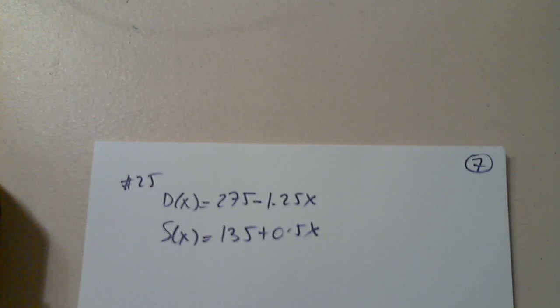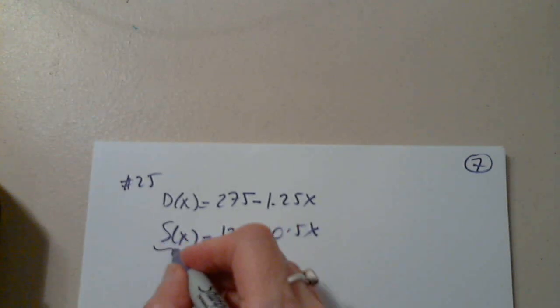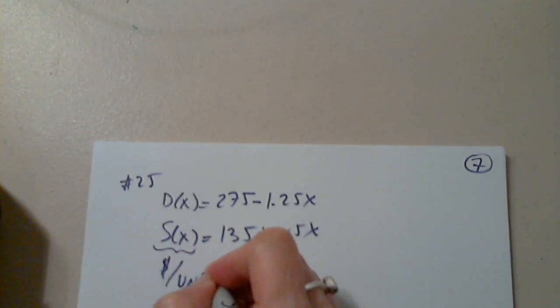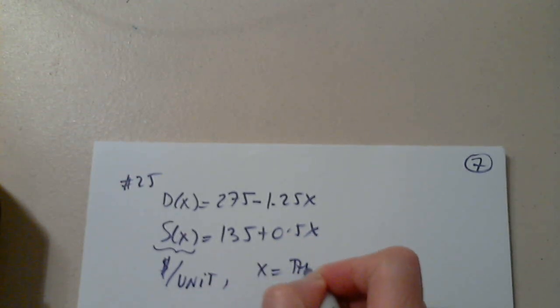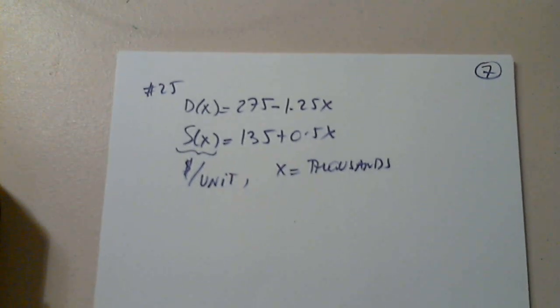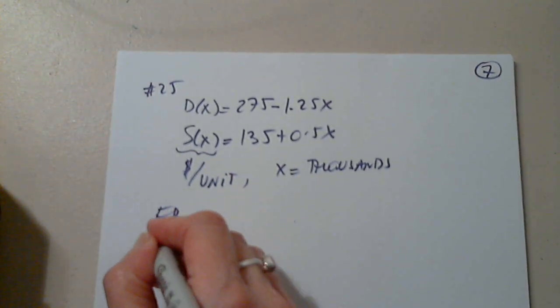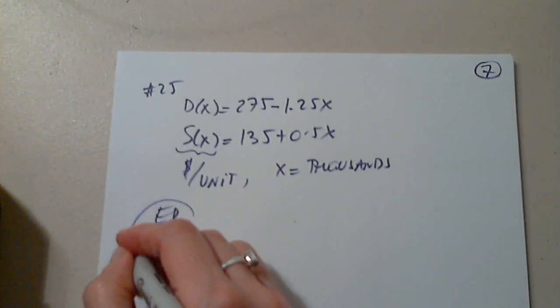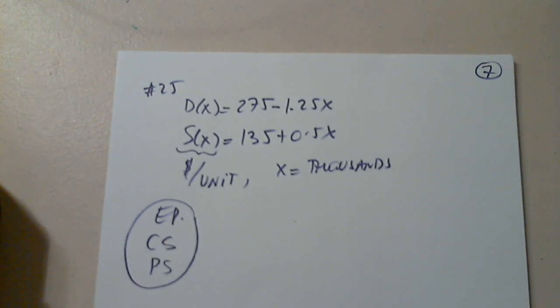X is in thousands, and the functions are in dollars per bicycle. As we know, the y variable is in dollars per unit, and this x is in thousands. So they want us to find the equilibrium point, the consumer surplus, and producer surplus. How do we start?